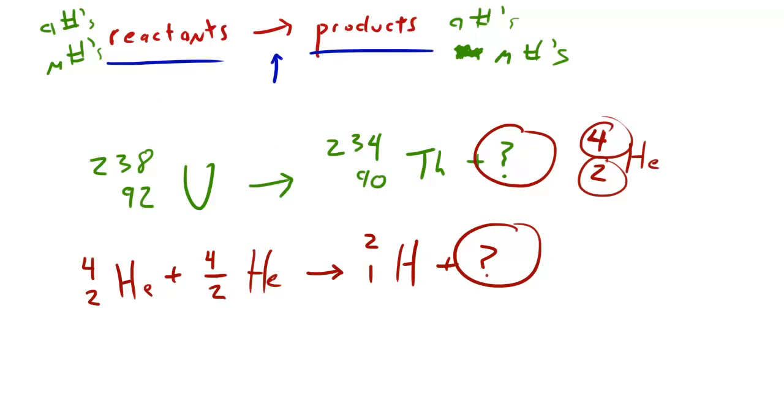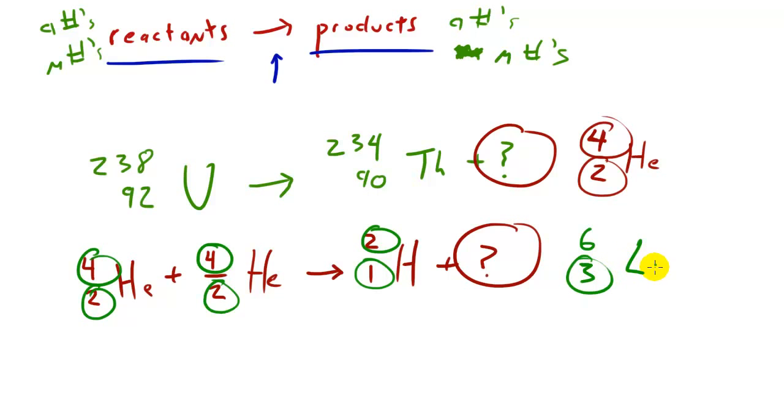You want to find out what that other element is. So what you need to do is you need to add up 4 and 4, which is 8, and you subtract 2, so you get 6, and you add up 2 and 2, which is 4, and you subtract 1, which is 3. So 6,3, any element with 3 protons in the nucleus, is lithium. So the missing element is 6,3 lithium.